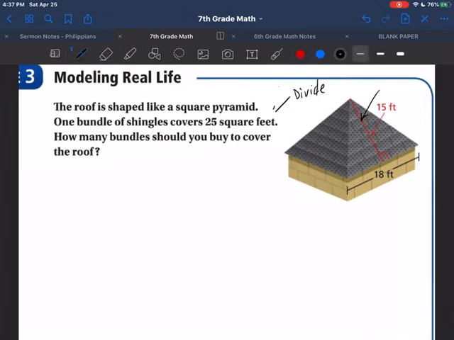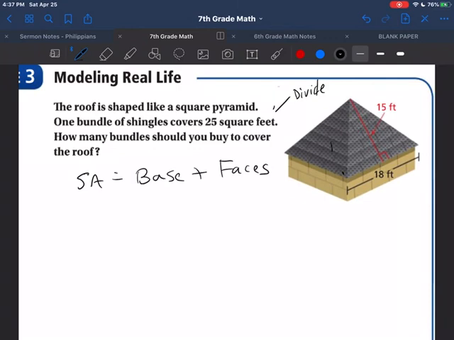Notice, think about this. We are just talking about this outside part and the part we can't see, but the square base is not going to be shingled. So this is a case where we do not need the base. Surface area equals the square base plus the faces.